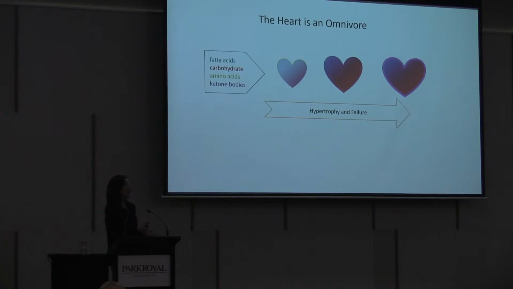We all know the heart has extremely high oxidative capacity. Most of the carbon taken in by the heart will get burned down to CO2, and it will generate ATP for contractile function of the heart.